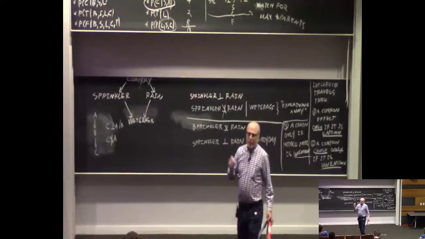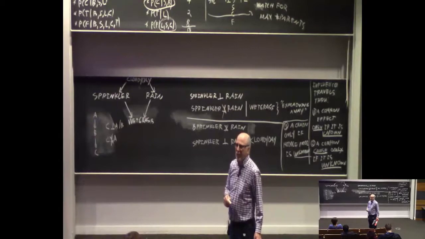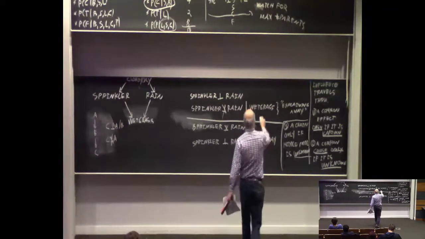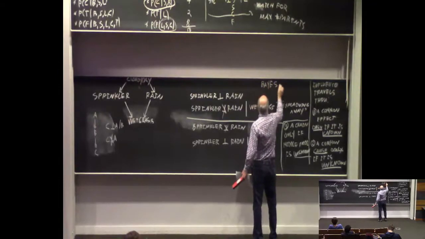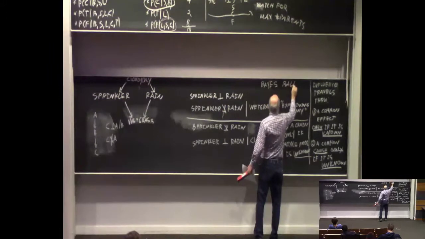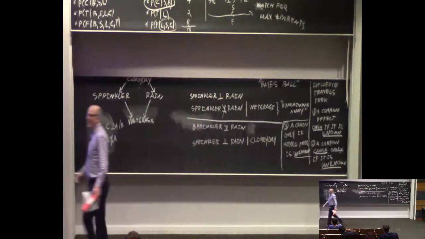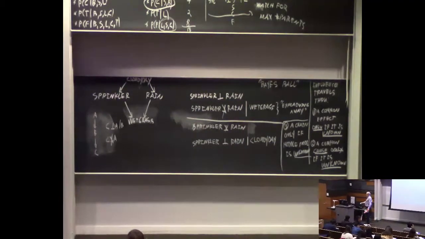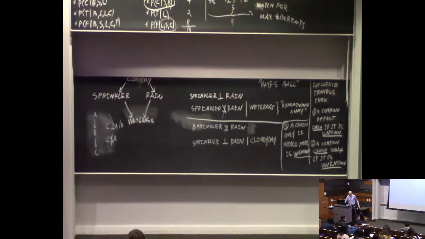Some people, when they teach Bayes nets, they use something called the Bayes ball. It has to do with taking a ball, a physical ball like a tennis ball, and seeing whether you can make it travel through the different nodes.